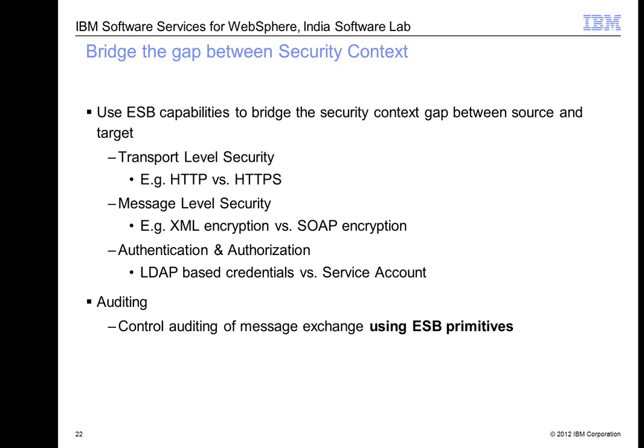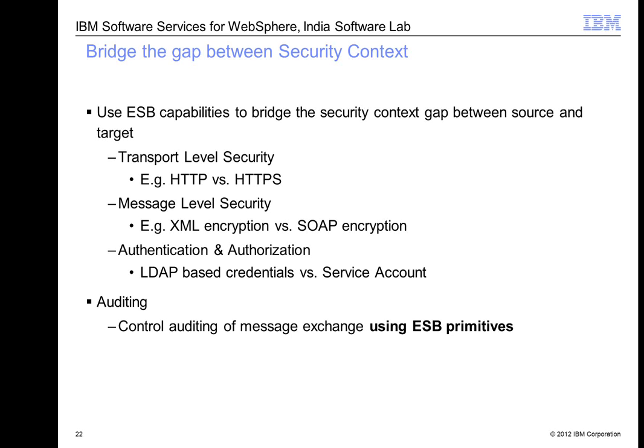The next is authentication and authorization. A says, if you want to call me, you have to use a specific user ID and password, or you have to use a specific certificate. Whereas B says, I don't have your user ID and password. I can give you the user ID and password of the employee who is working on this application.